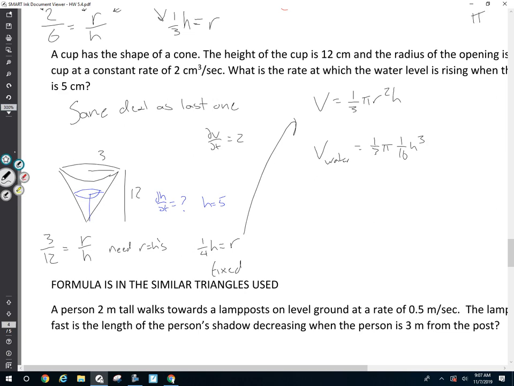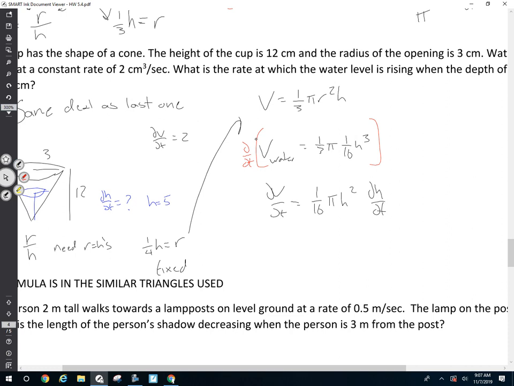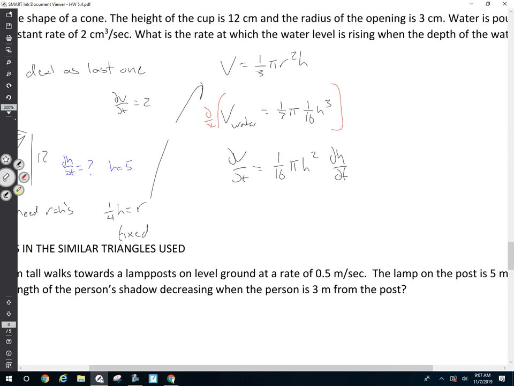Take the derivative. dV/dt equals 1/16 pi h squared dh/dt. dV/dt is 2. h is 5. dh/dt, 16 over, no, it's 32 over 25 pi. All right.